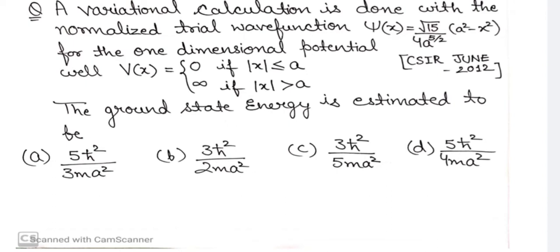The question is: a variational calculation is done with the normalized trial wave function psi(x), which is given to us completely, for the one-dimensional potential well V(x) with values 0 and infinity in different regions as mentioned. The ground state energy is estimated to be, okay.